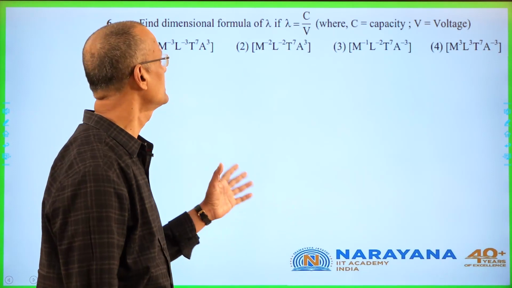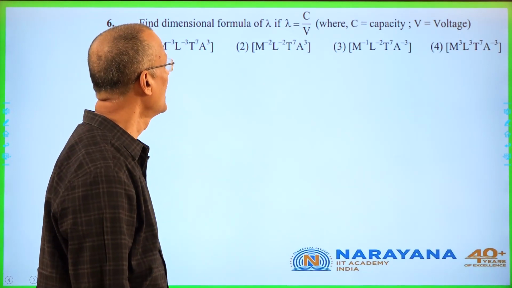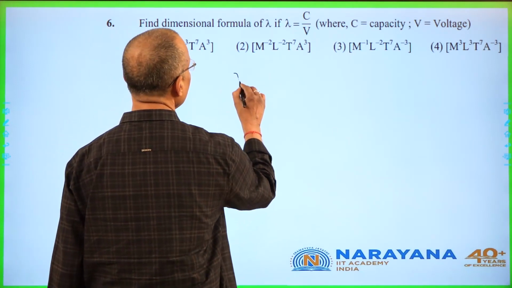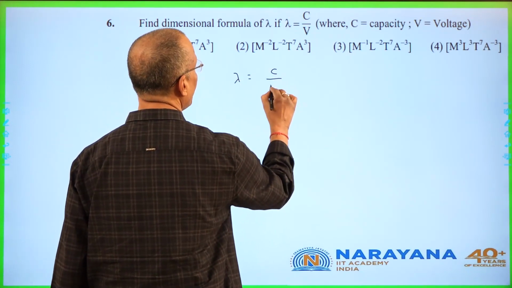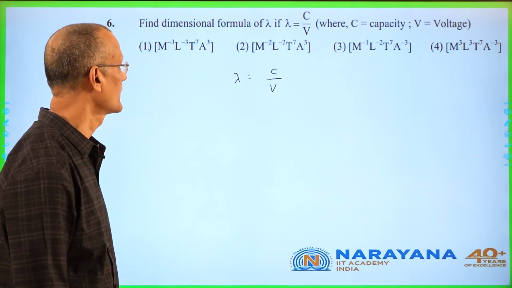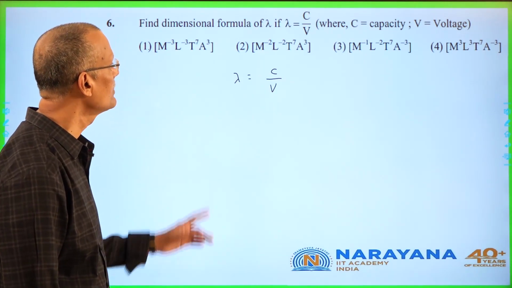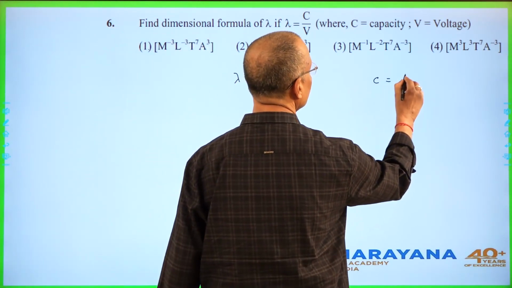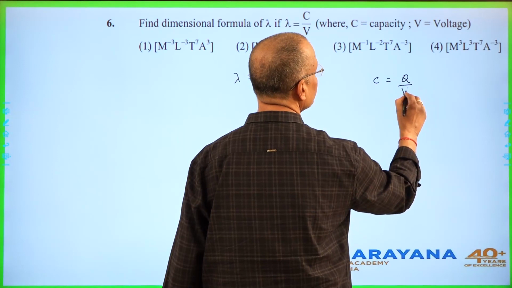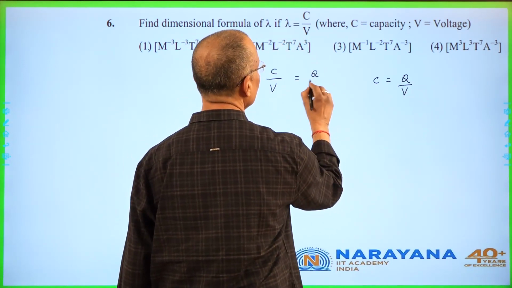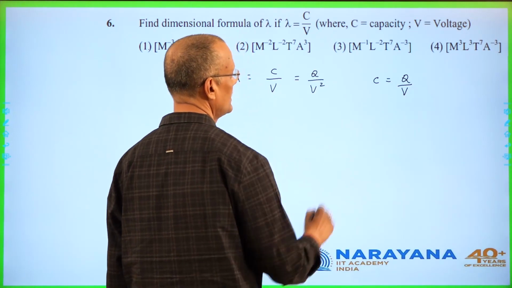Simply, arbitrary quantity they have taken, and capacitance by voltage. So, I need C by V. Concentrate on C. If I go for capacitance, C is Q by V. So, this I will take as Q by V squared.